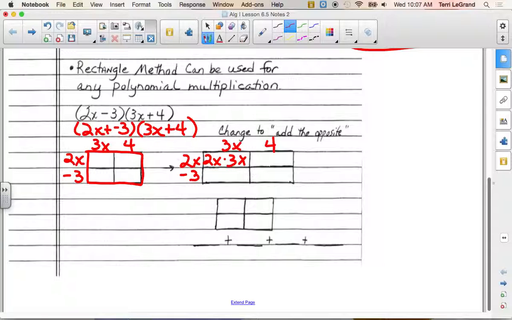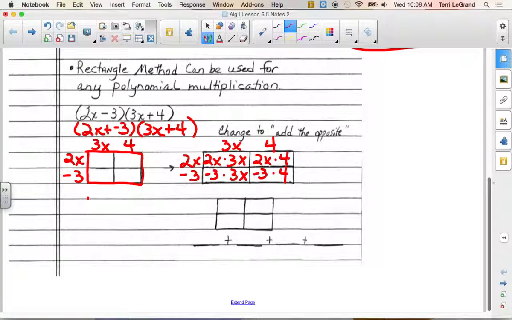What would the multiplication be for the one right next door to it on the right? 2x times 4. Dropping down to the first rectangle in the bottom row, what would its dimensions be? Negative 3 times 3x. And the dimensions of this one would be negative 3 times 4.